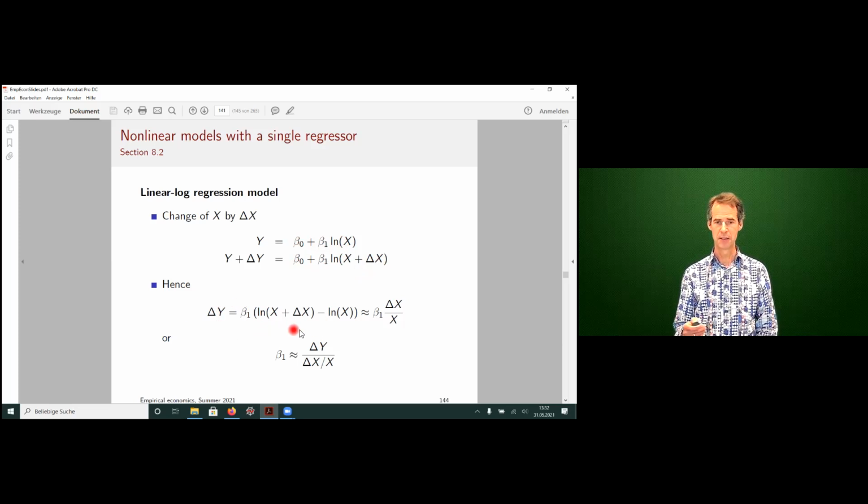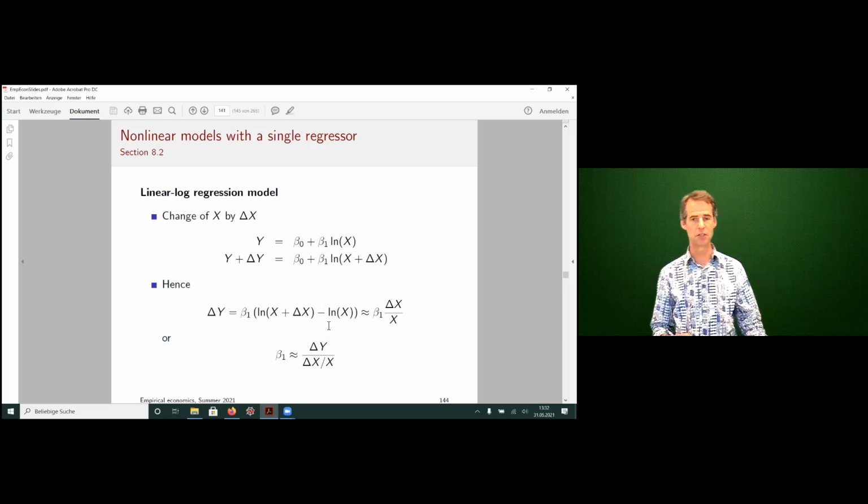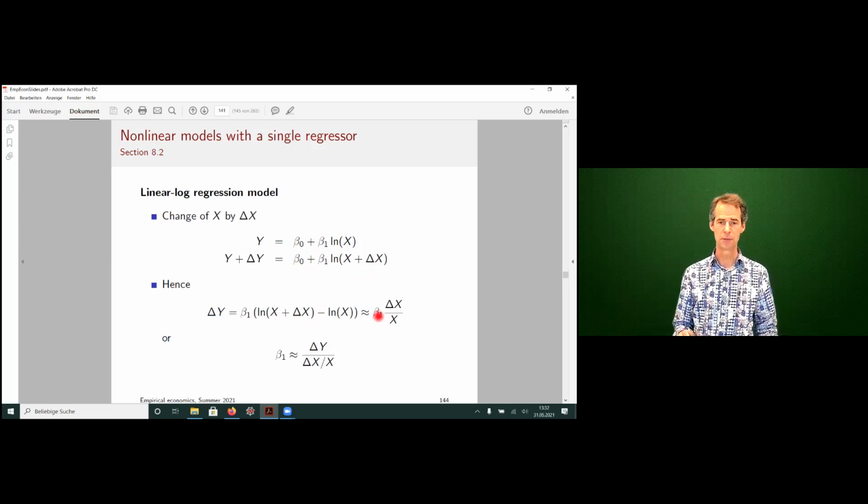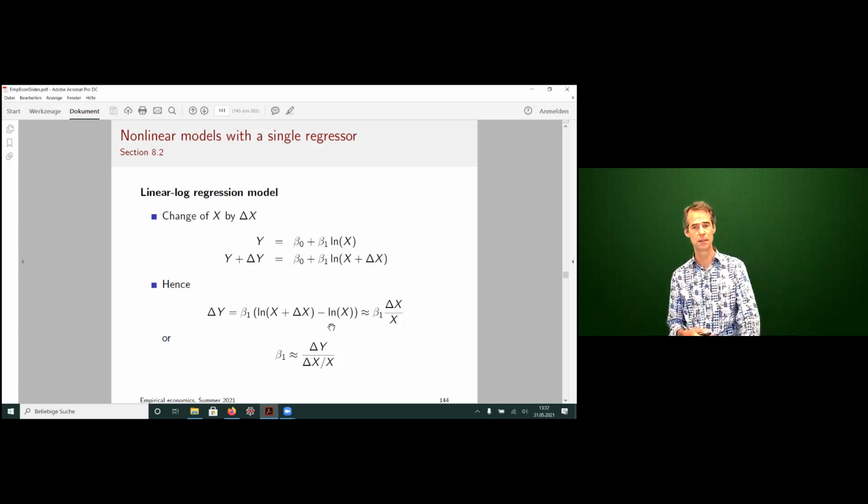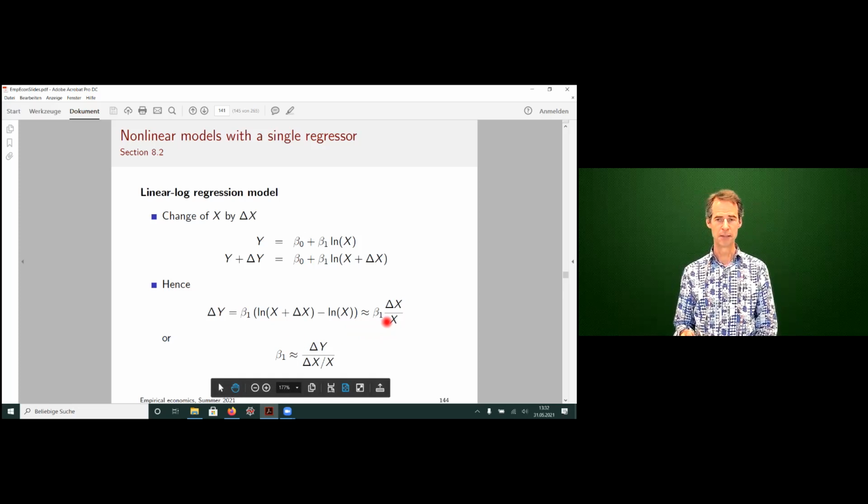So in that case, this is the difference. And in this bracket term here, you can see that we have exactly the expression that we talked about before in the previous slide. Therefore, this log difference here can be approximated by the percentage change. So the whole term can be expressed at least approximately, and with a very accurate approximation for small changes in x, by beta 1 times the percentage change of x.